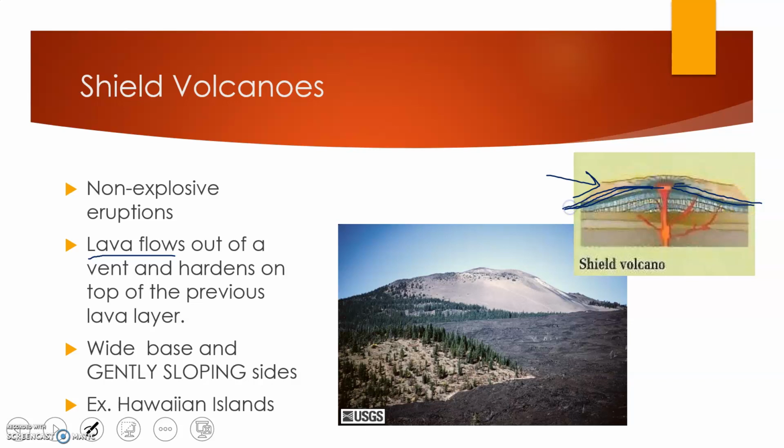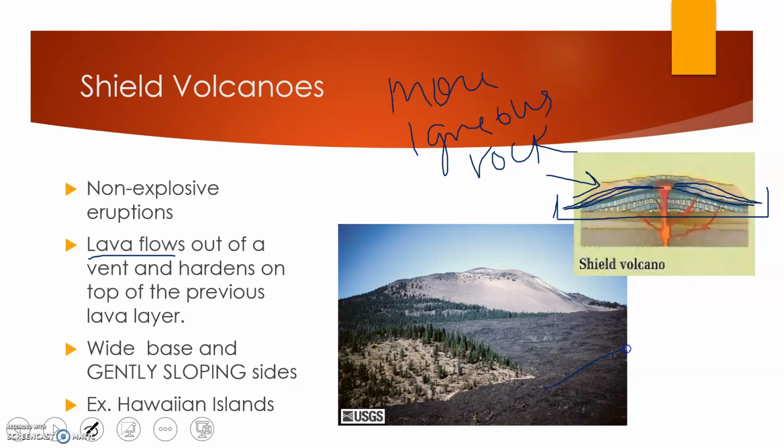That's how the volcano continues to grow, because it's creating more igneous rock. Okay, it has a wide base, noting it's very wide here on the bottom, and gently sloping sides. Kind of looks like a shield. That's where it gets its name. Best example, the Hawaiian Islands.